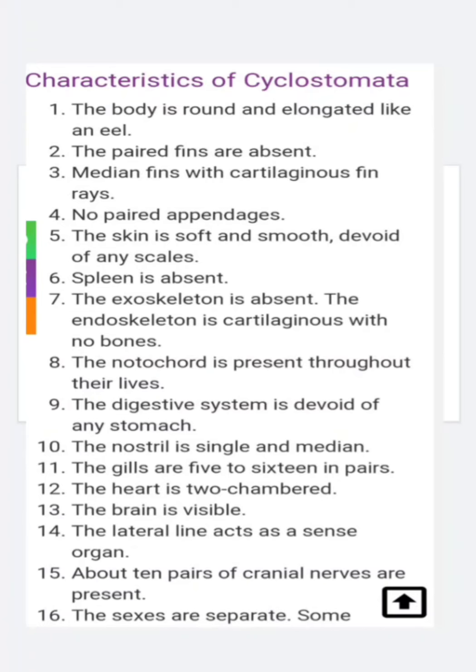In these cyclostomes the exoskeleton is absent but the endoskeleton is present, which is cartilaginous. And a peculiar character of chordata, that is the presence of notochord. This notochord is retained throughout life. This is the important point regarding the cyclostomata.